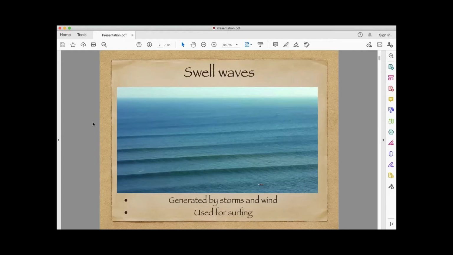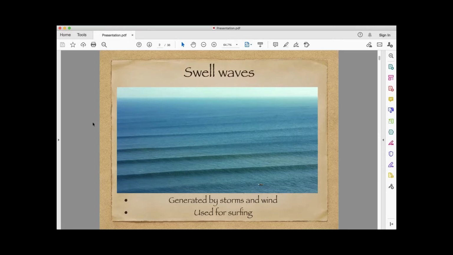This highly agitated sea sends out waves across the ocean, and as they disperse and travel along, they become nice swell waves, long wavelength gravity waves that propagate towards the coast of continents.